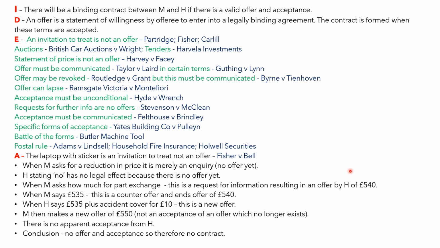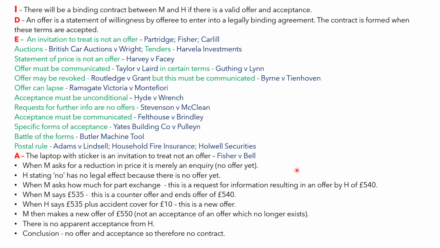Whereas if you've said that's a statement of minimum price, Meghan's statement of £535 would be the first offer. Both answers are correct because remember, this is going to be a matter for the court, a matter for the judge. But as long as you're applying the law in a way that it could be interpreted and following through the logic, you'll get the marks.